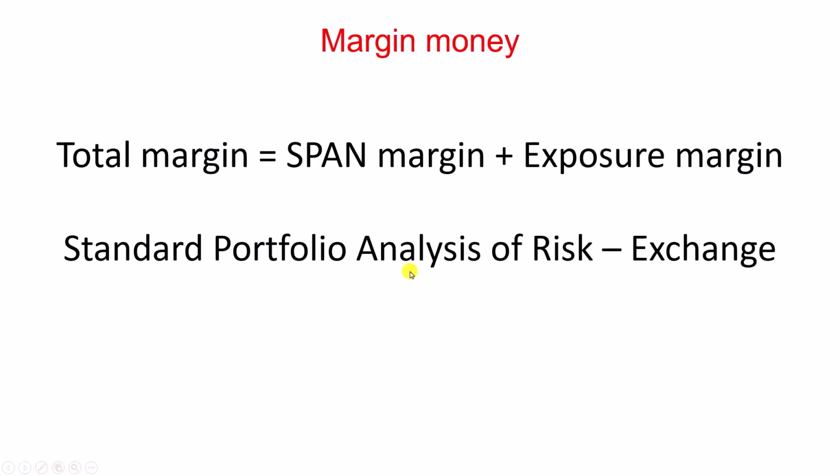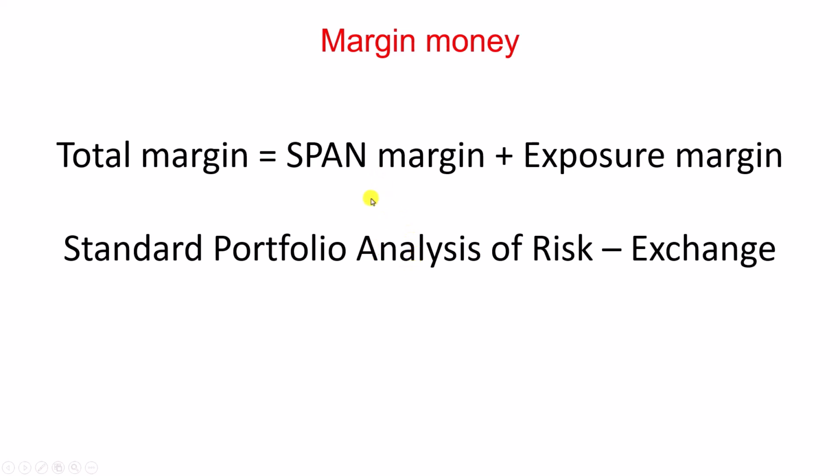So let us say that the market crashed or some bad news came, due to which the price went in an unpredictable way. So it has a risk, correct? So buyer or seller will be at risk. So this is taken into account while calculating span margin.